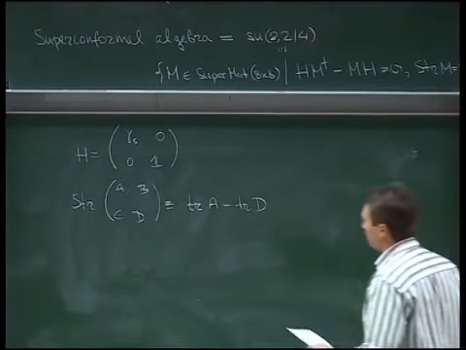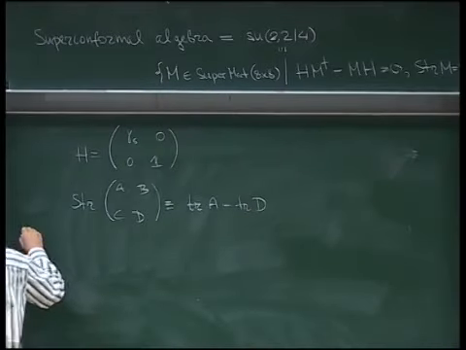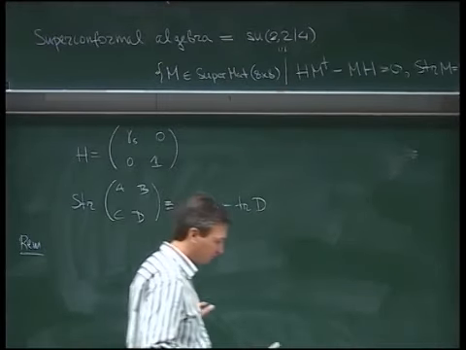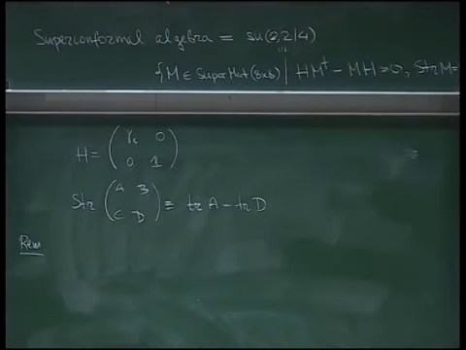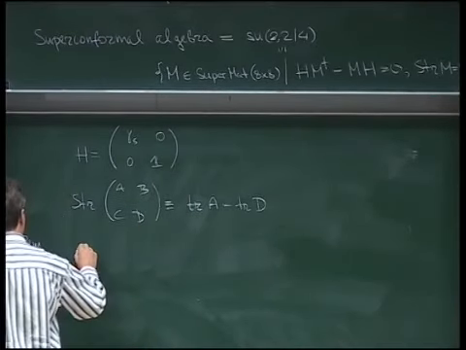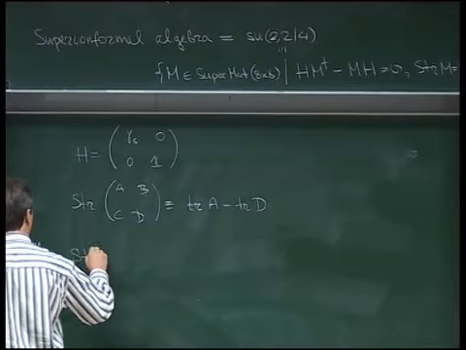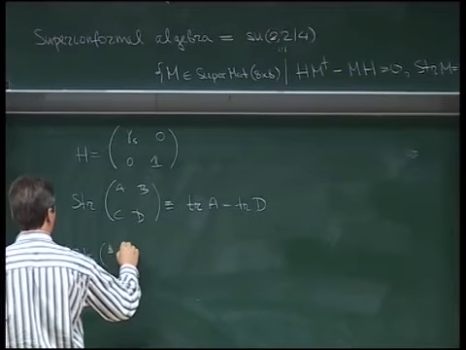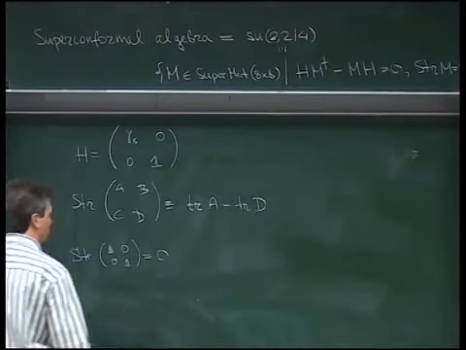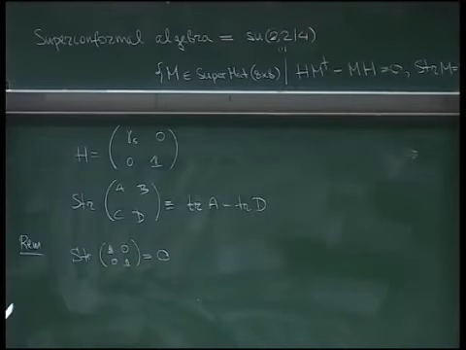Okay, so there's one little point that's left over in this construction, namely the supertrace of the unit matrix is equal to 0 as long as the upper and lower blocks have the same size.